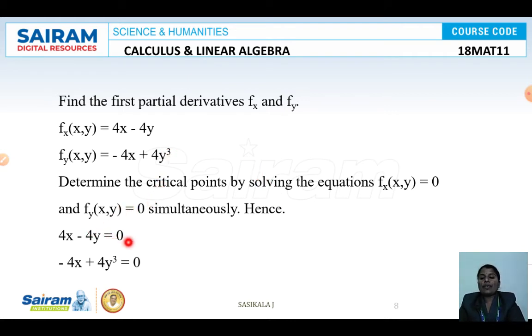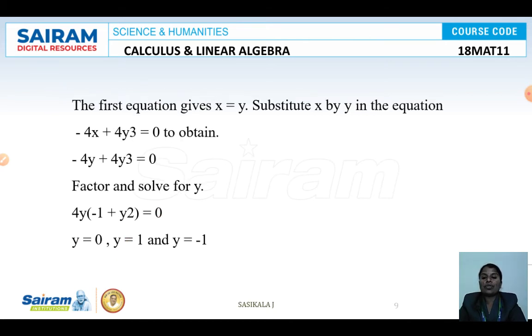We need to determine the critical points by equating these equations to 0. 4x minus 4y equals 0, that is x equals y, and minus 4x plus 4y cubed equals 0. From the first equation we got the relation x equals y. Now substitute x by y in this equation: minus 4y plus 4y cubed equals 0. Factorize, taking out 4 as common: 4y times (minus 1 plus y squared) equals 0.